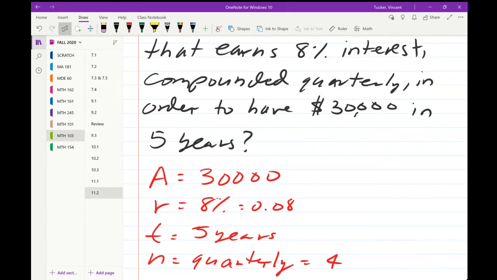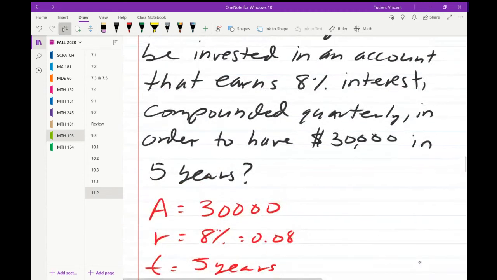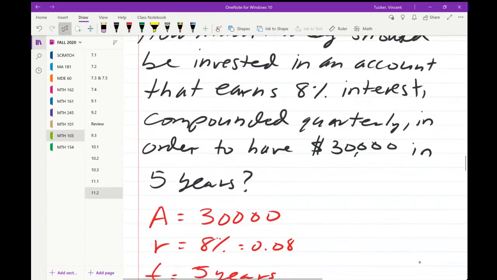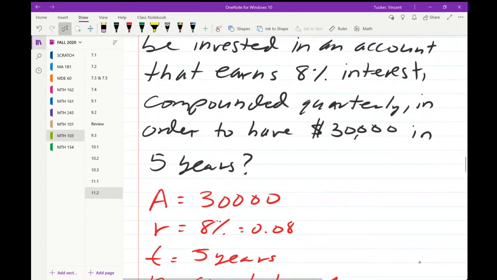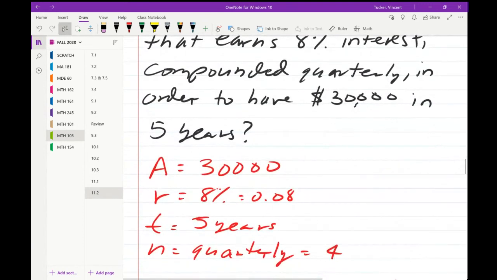So this time we want to know how much we will deposit or how much we will invest. So that's your P. That's what we do not know. And we want to have $30,000 in the account after 5 years. So this time A is 30,000, R is 8%, T is 5, and then quarterly. That means N is equal to 4.